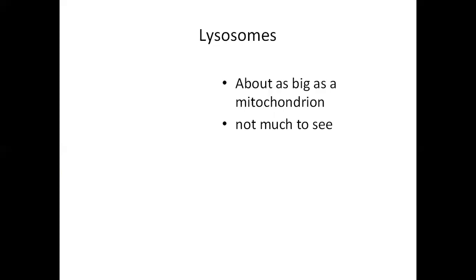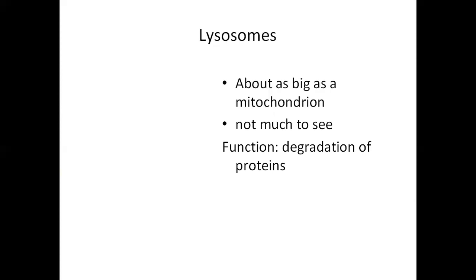Lysosomes are an organelle which is present in all animal cells, but not in plant cells. They're approximately the same size as a mitochondria, which again I would show you with an electron micrograph if you were on campus, and they function in protein degradation. When we look at them under the electron micrograph, it looks like just a black blob.